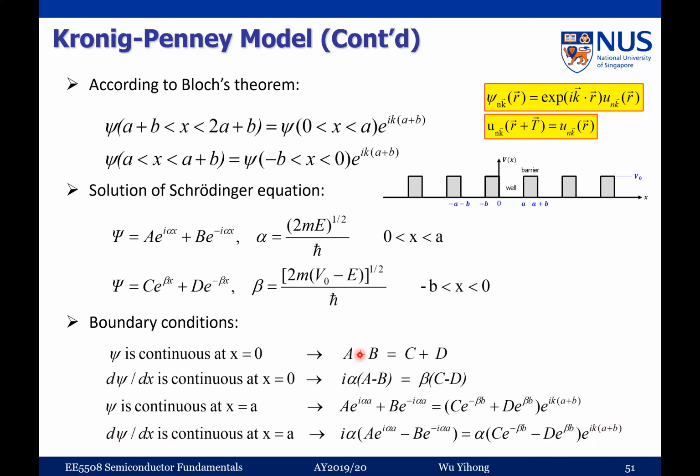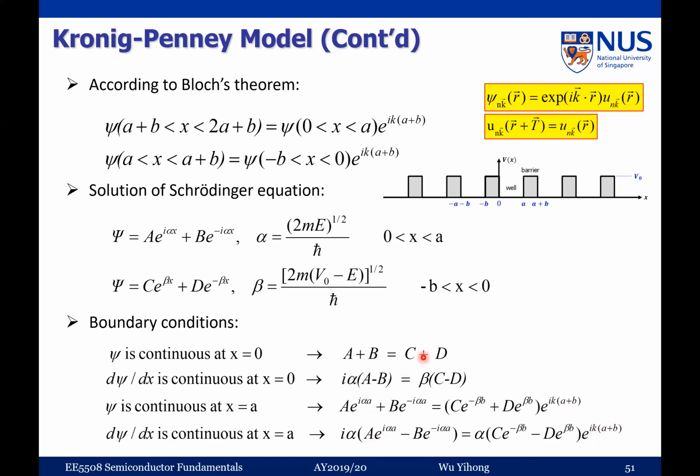So now you can see you have 4 equations and 4 unknowns, right? Of course, this is a simple set of simultaneous, homogeneous equations. So what do you do?